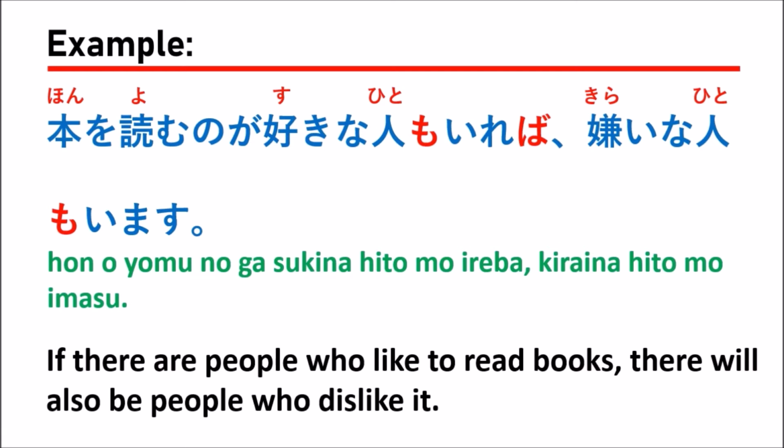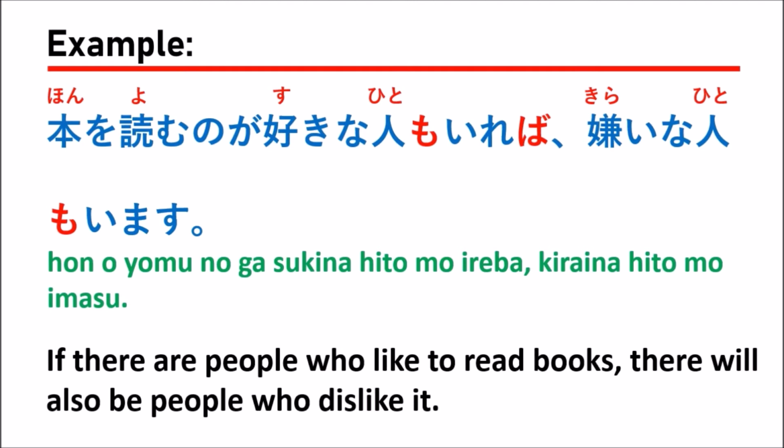And for the verb, in this sentence we use the verb iru, right? Iru means have or exist. So we change it to the ba form, which becomes ireba, right?